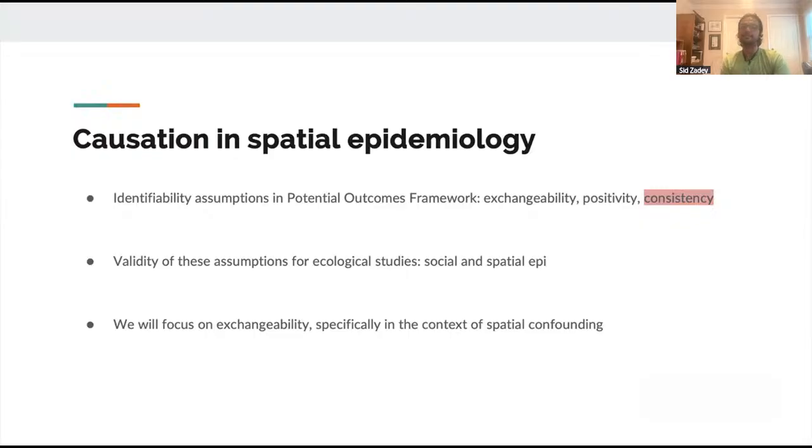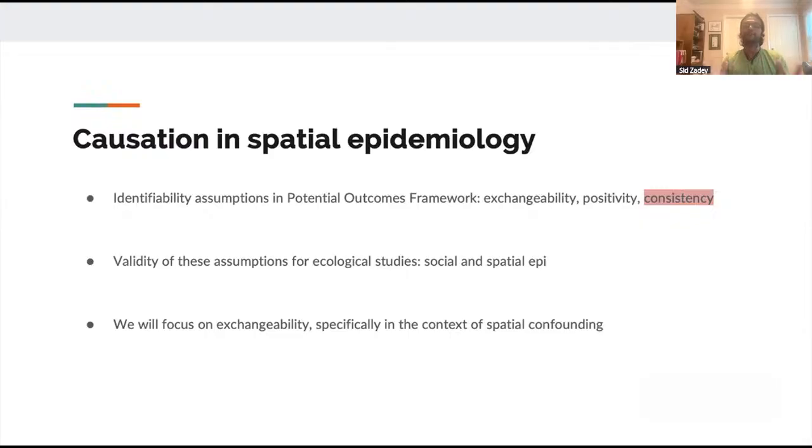But the idea is that you can think about your intervention or your exposure in the context of a hypothetical experiment. In that hypothetical experiment, you would have potential outcomes for different treatments. The framework is then based around when you can identify these potential outcomes using the data that you do have.